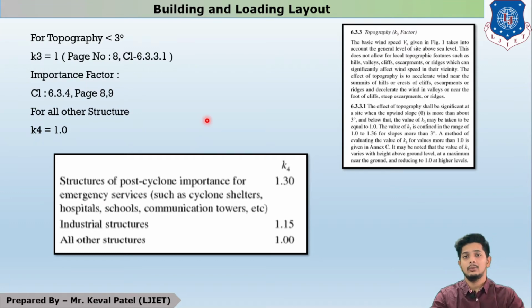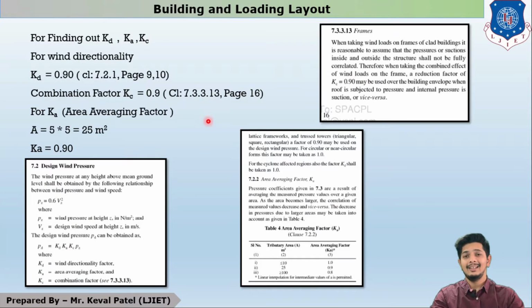After K1, K2, K3 and K4 as well as Vb, we can find out Kd, Ka and Kc so that we can move to Vz or Vd and Pz or Pd. For Kd, Kd is taken as 0.90. It is taken according to page number 9 and 10 given in IS code clause number 7.2.1. Same way Ka.